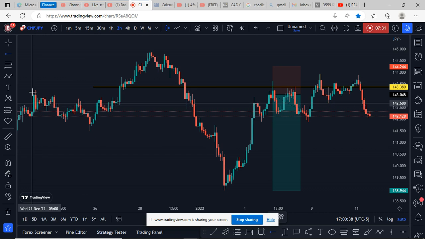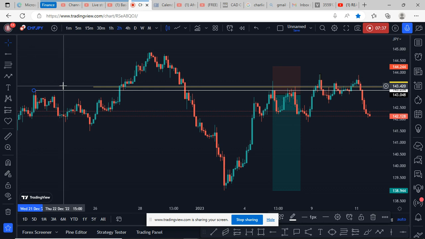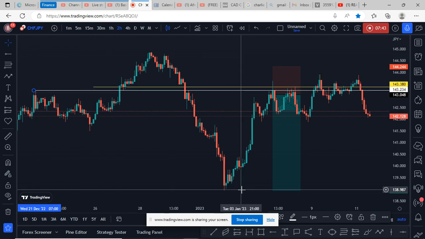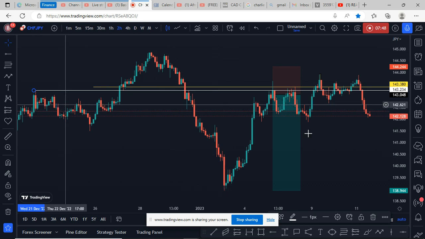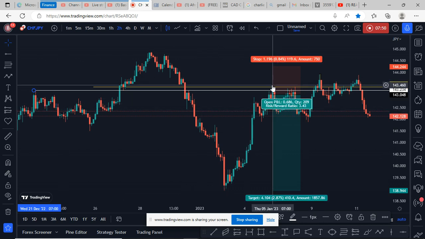I had a resistance broken, right, which became a support level. It's a resistance though. So immediately it got broken all the way down here. I knew the banks would be very interested. They came here.